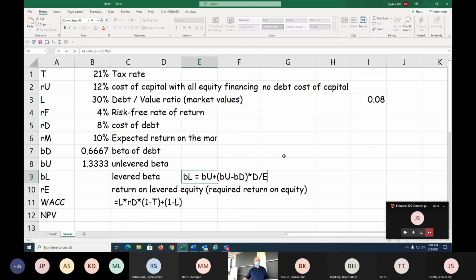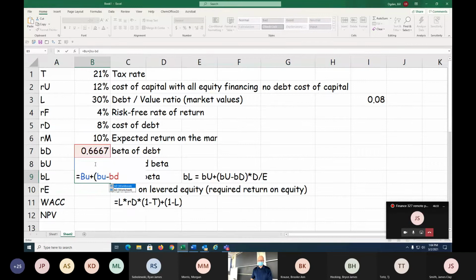Okay? So let's try it. We're going to say equals beta unlevered plus beta U, beta unlevered, minus beta of the debt times, okay, in this case, we want debt to equity, we're just going to use the leverage ratio. That's the L up here.